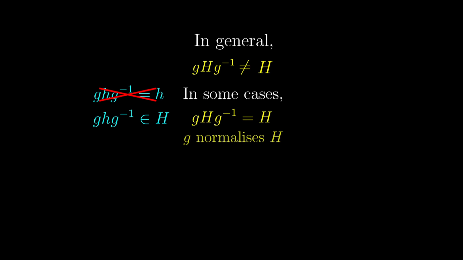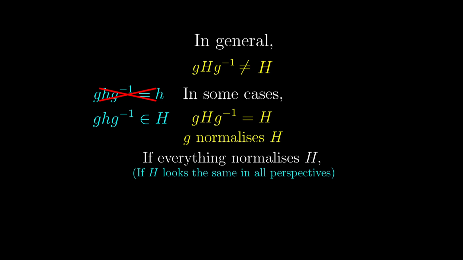In this special case, the symmetry G is said to be normalizing H. And in the exceptional case where everything normalizes the subgroup H, or in other words, the subgroup H looks the same in every possible perspective, we say H is a normal subgroup.